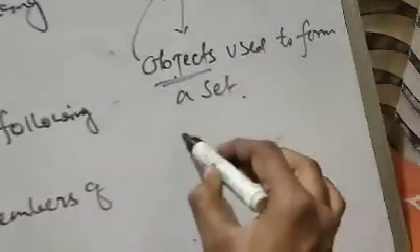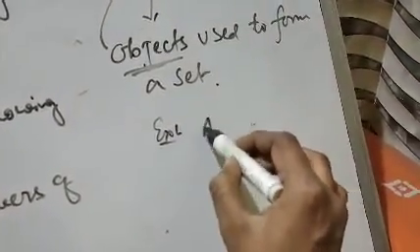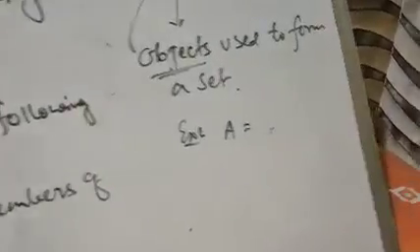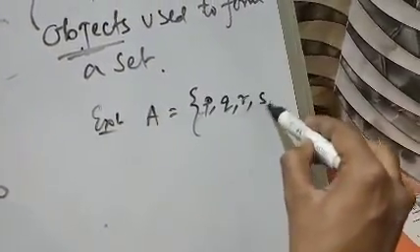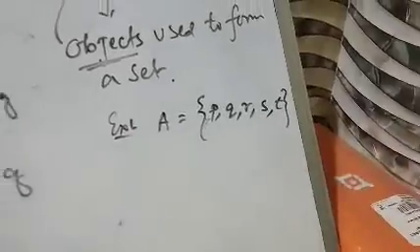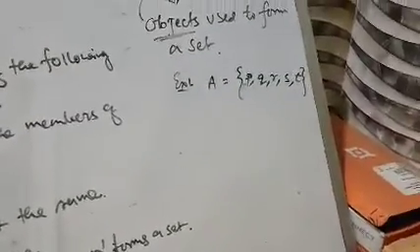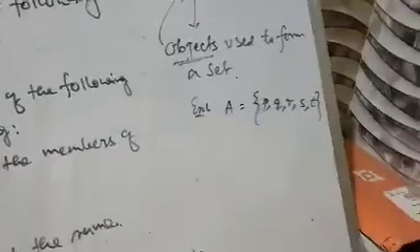For example, suppose we have a set A and the set is like this: P, Q, R, S, T. Five alphabets: P, Q, R, S, T. They form a set.